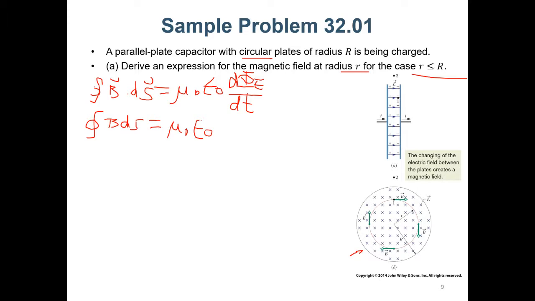And as we know for a parallel plate capacitor, the E field is uniform. So we can simply write E times A, not the integral.